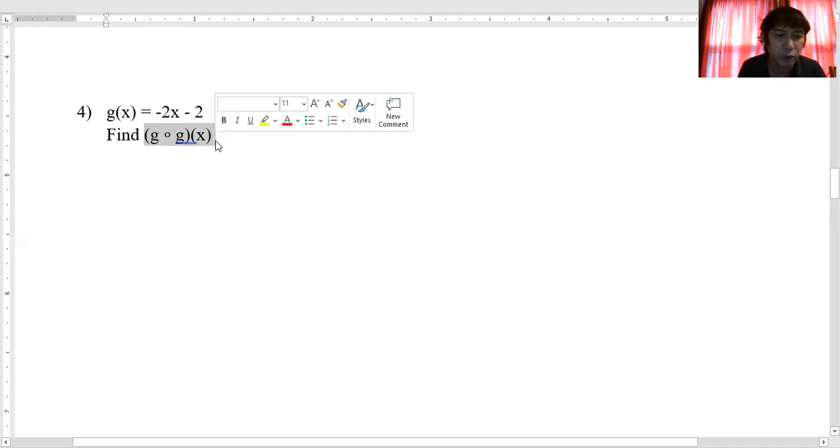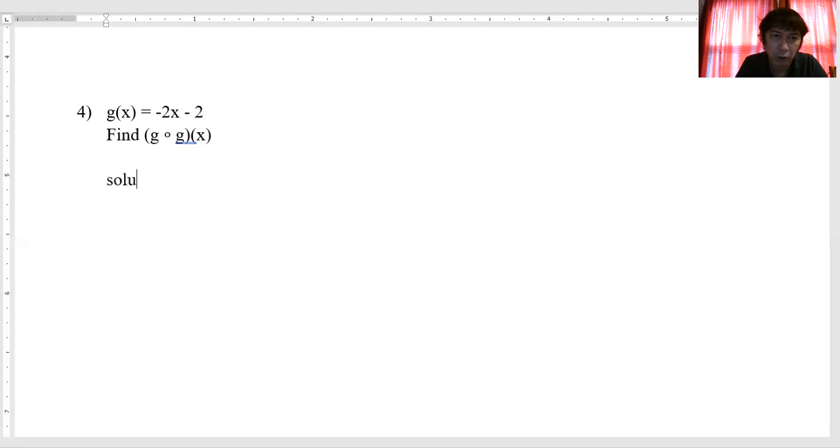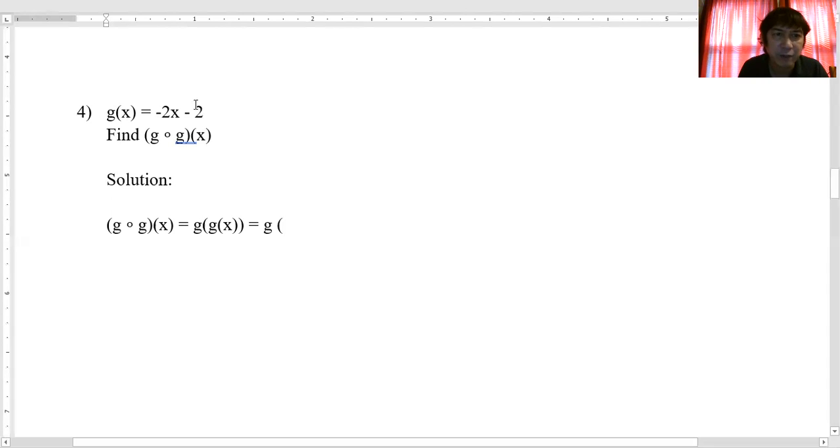So we will start with the solution there. And this means g of g of the variable x. And this will now be g of, all right, copy the function, okay? G of x. So we will start here. This is the input.